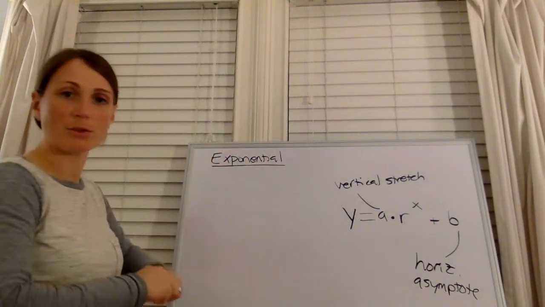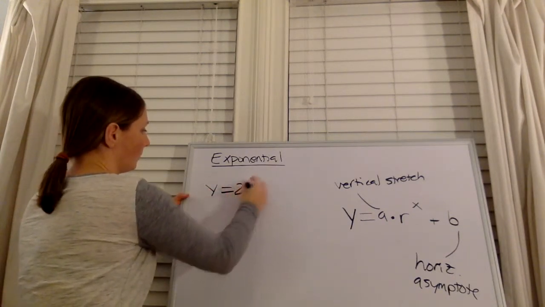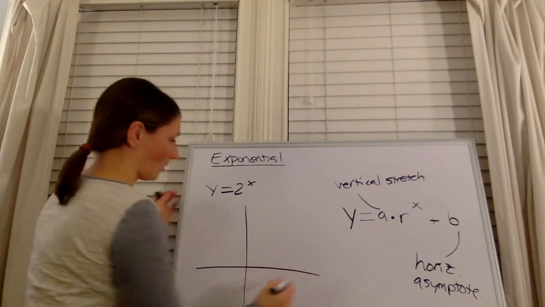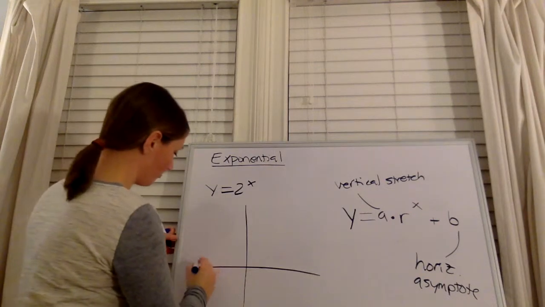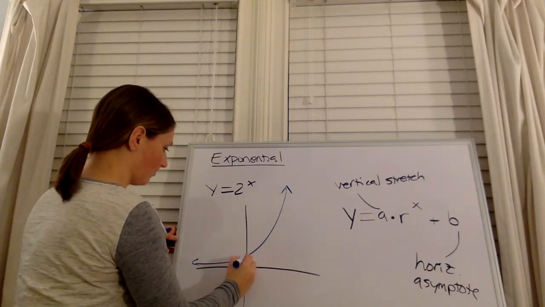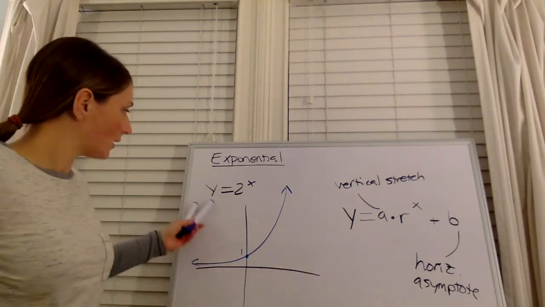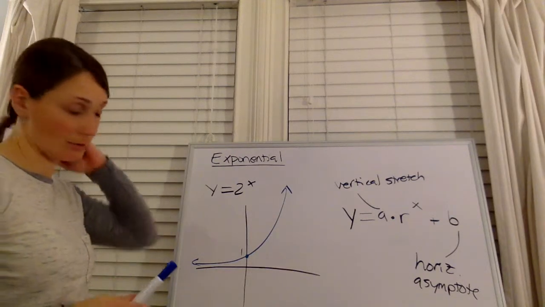Okay, back to 2 to the x. Do this in blue. Okay, there's 2 to the x. Notice that this is a function that has an inverse.